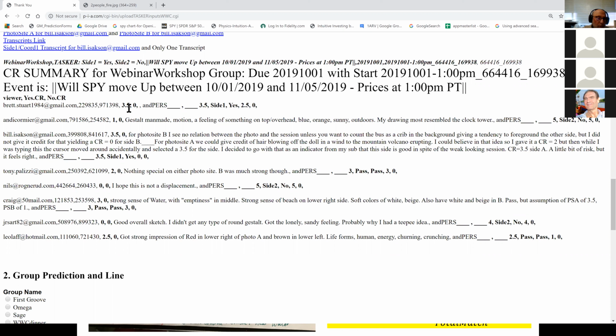A 3.5, a 3.5. Oh, and there were only 2 of those. And then we all saw Leo's. 3.5, 3.5. Wow. This is, I would say, my judgment is this is right on the edge of a pass or a no.